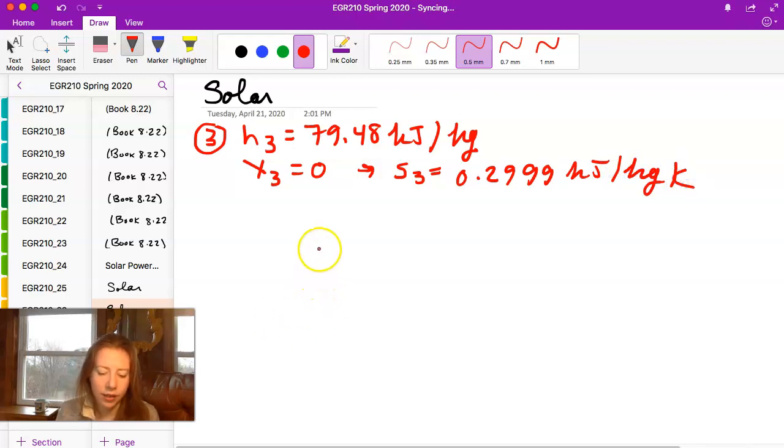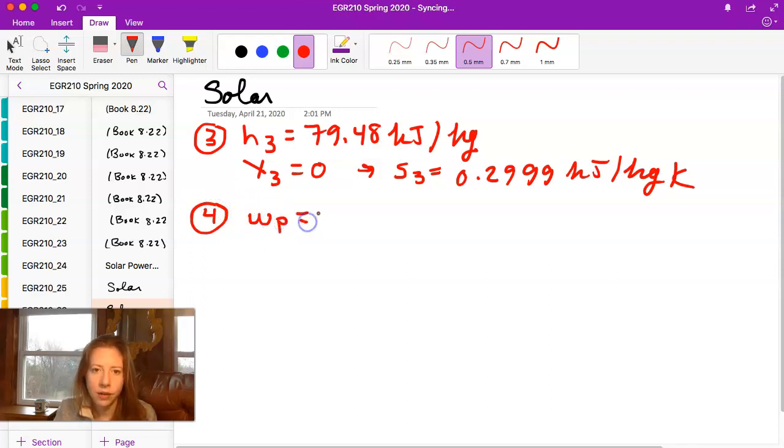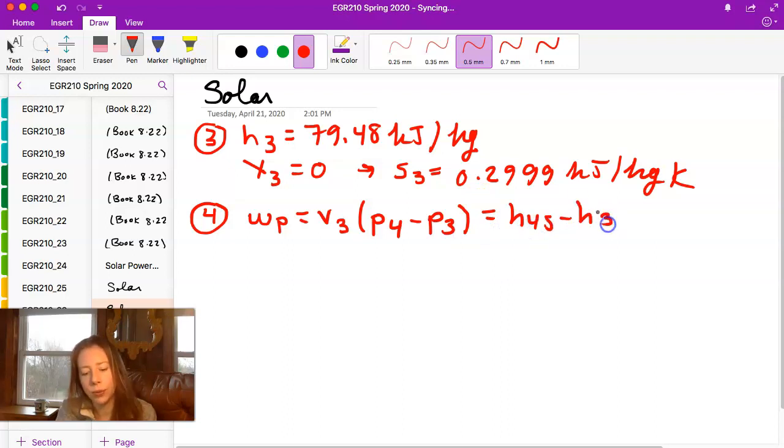All right, and then for state 4, WP is going to equal V3 times P4 minus P3, which is equal to H4S minus H3. So H4S is going to be equal to P4 minus P3.